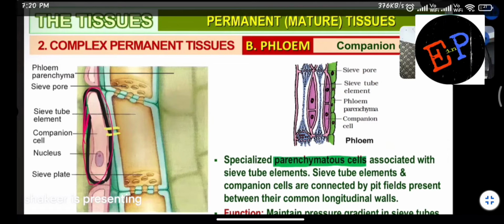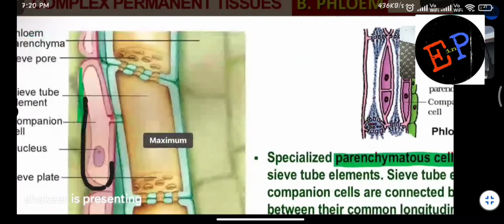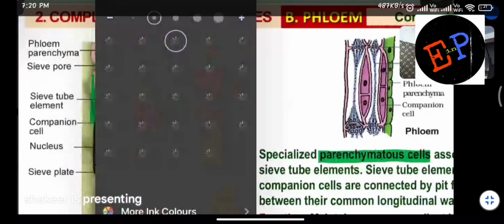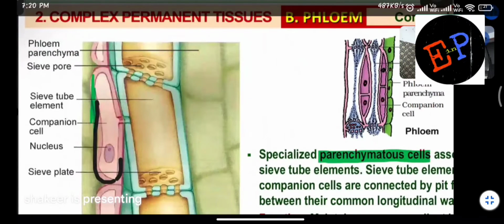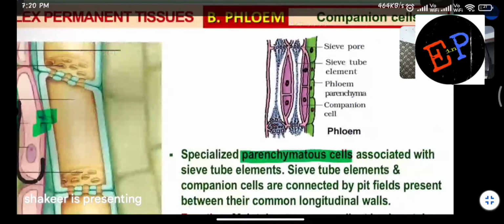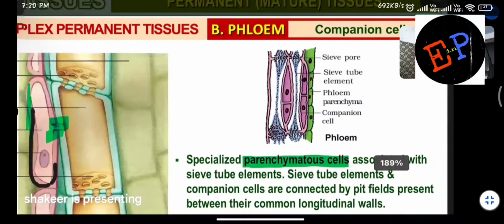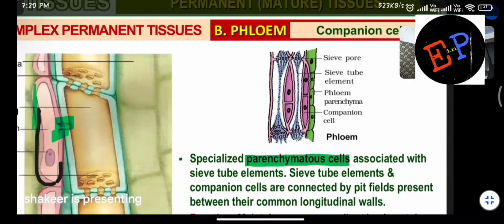Sieve tube elements and companion cells are connected by pit fields present between their common longitudinal walls.